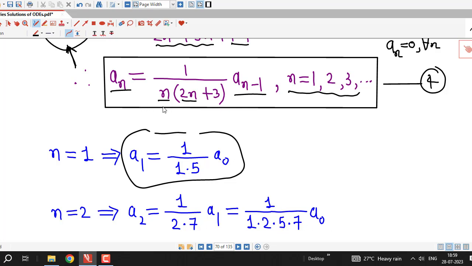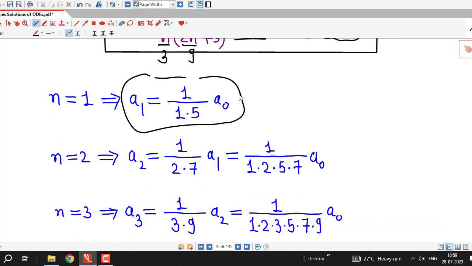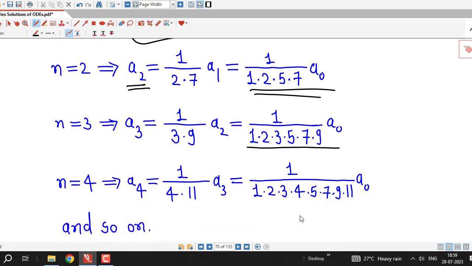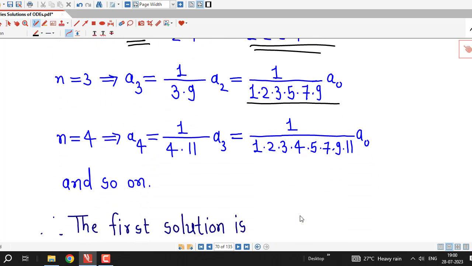Then for n equal to 3, I will have 3 and 2 into 3, 6 plus 3, 9 into a2. So that I have written here. Again I have substituted this value of a2 here and I obtain this expression for a3. Similarly I have obtained the value of a4, and then I have written the first solution.